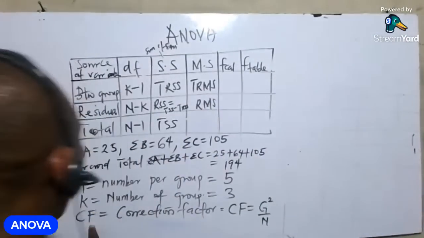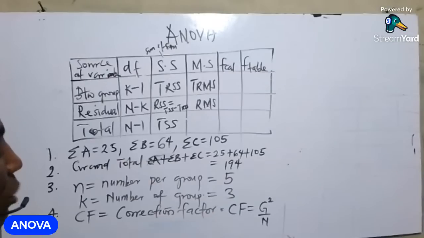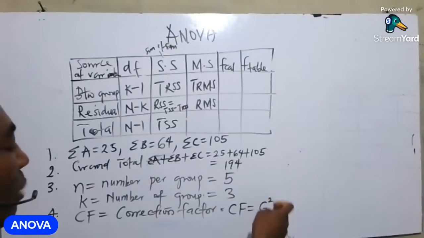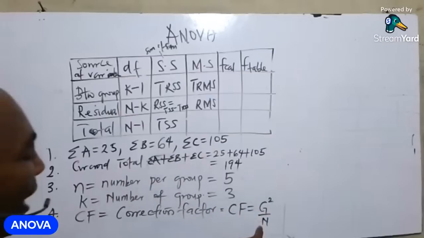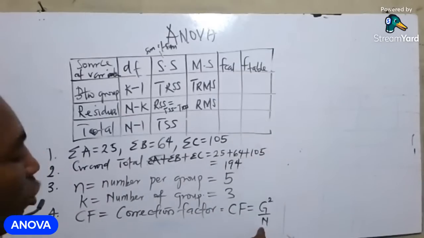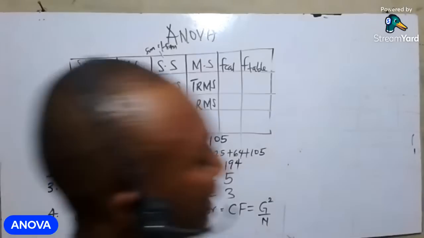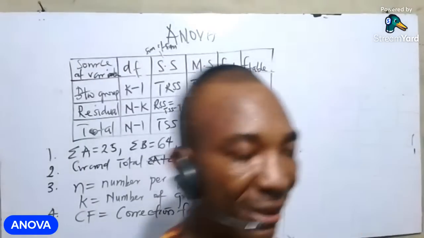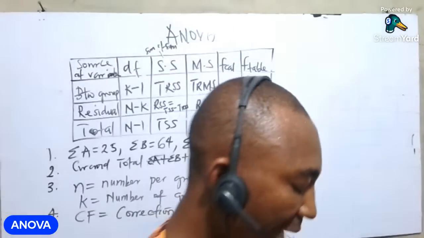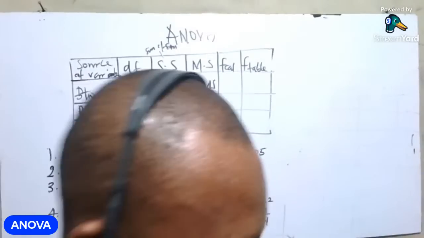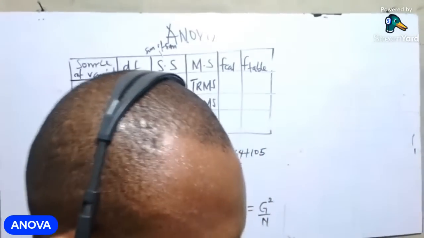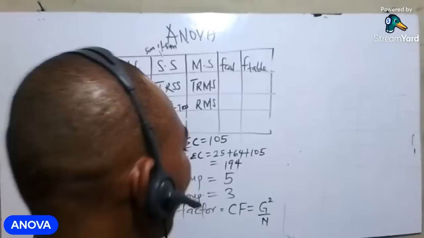So we can fall back on this since we have our formula and our table on the screen. We need to get our CF, the correction factor. You square the grand total and divide by N. What does that N stand for? How do you get the N?